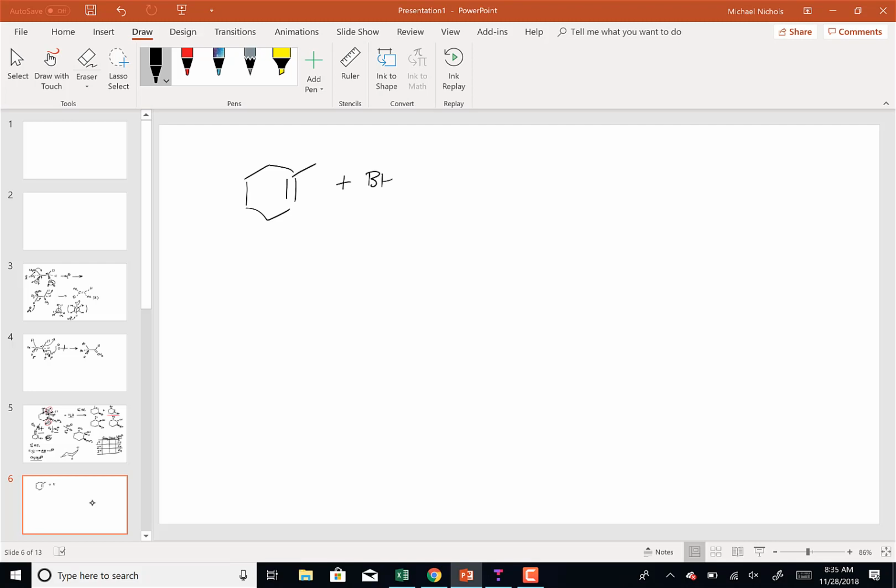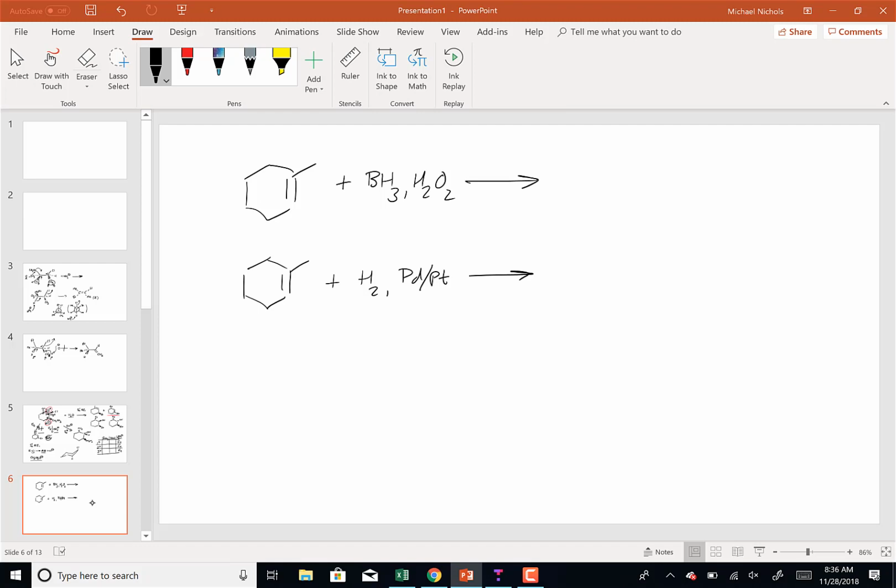So if I said, all I can do for that one is do this. What's the major product of that reaction? And is the reaction regio, stereo, both, or neither?